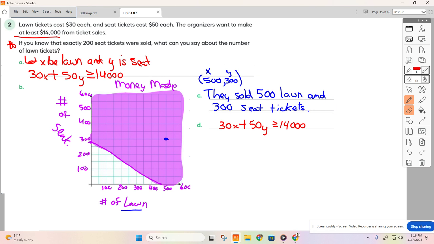And when they tell me that there's 200 seat tickets, they're telling me to evaluate this when y equals 200. So I'm gonna substitute that value in there. I'll have 30x plus 50 times 200. And I want this to be greater than 14,000.